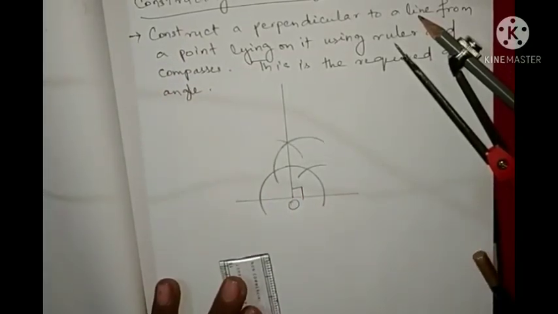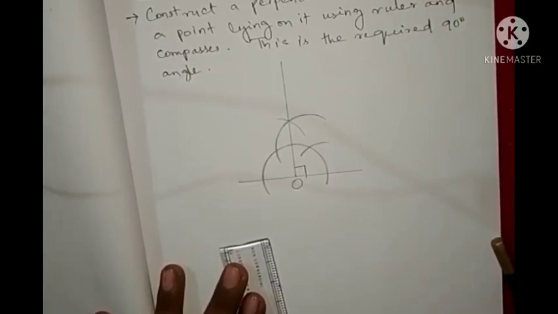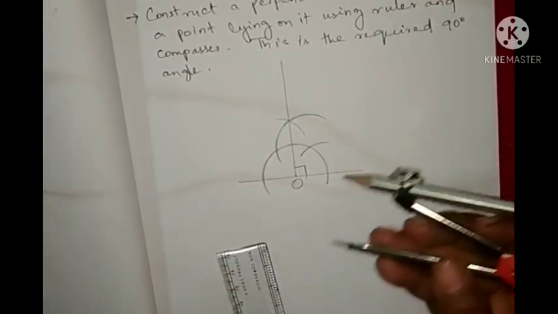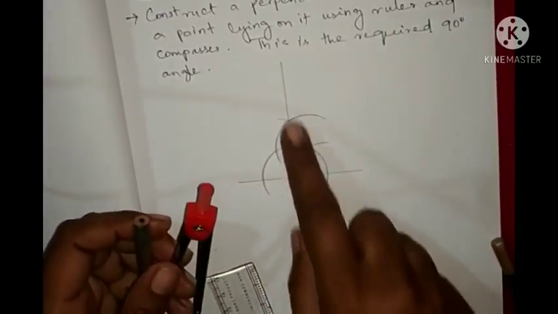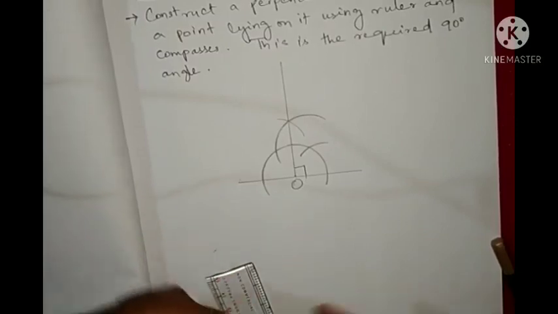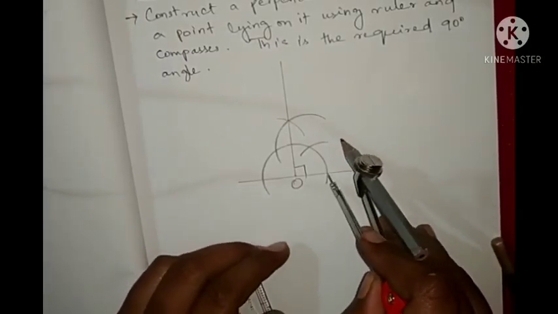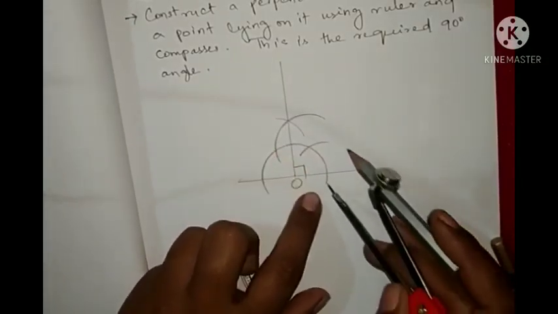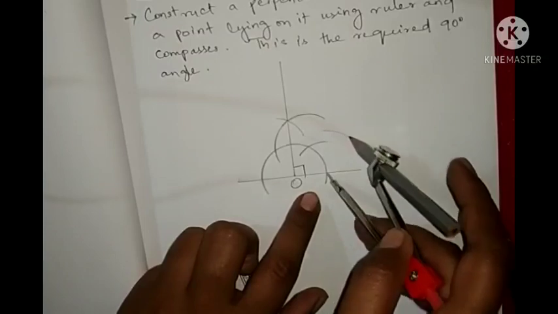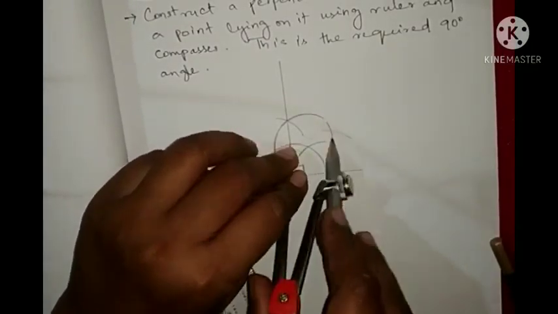If you want 45, half of the 90 degree is 45 degree. So if you bisect this 90 degree angle, you will get 45 degree. You have to take an arc from this point and take another arc from this 90 degree point.